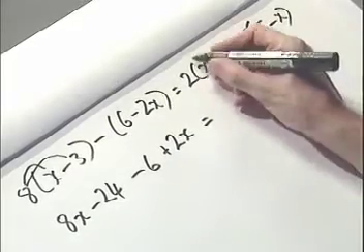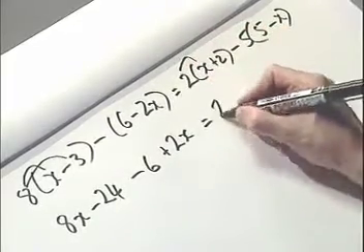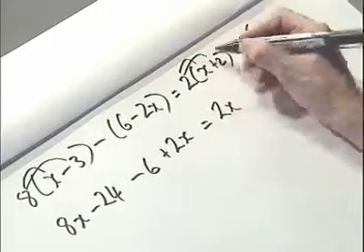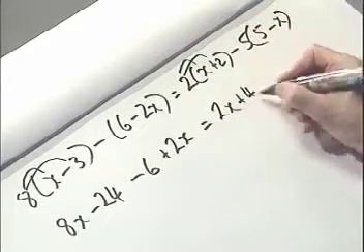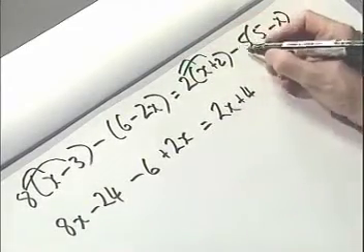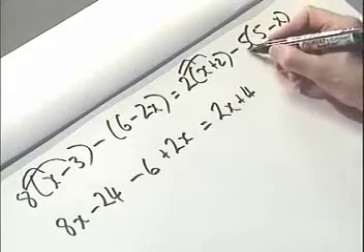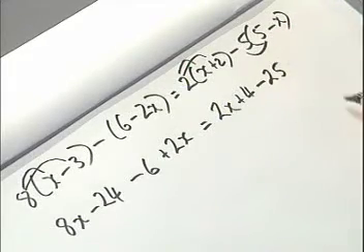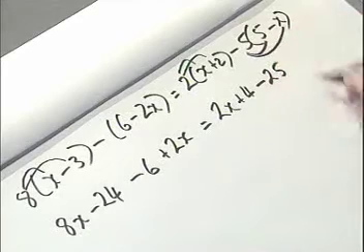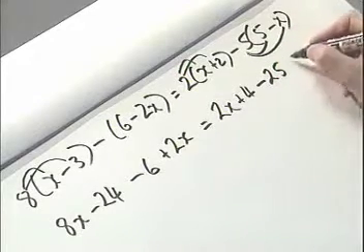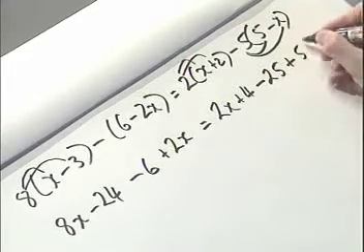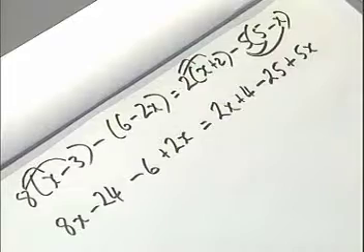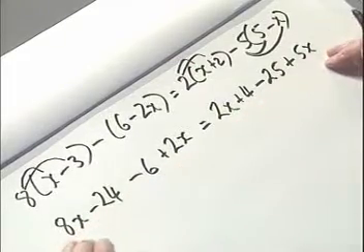Equals 2 times x here is 2x, 2 times 2 is 4, and now we've got to multiply by minus 5. So we've got minus 5 times by 5, that's minus 25, and minus 5 times by minus x, so that's plus 5x. Each side needs tidying up.